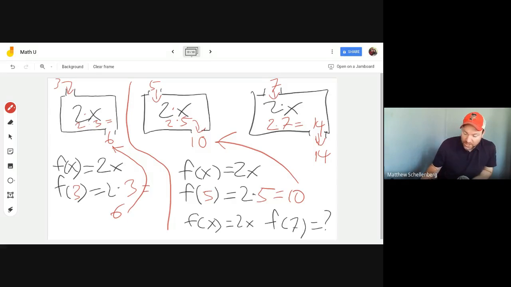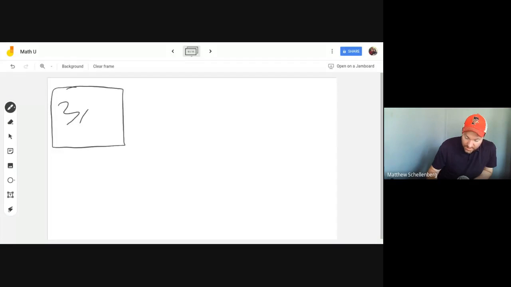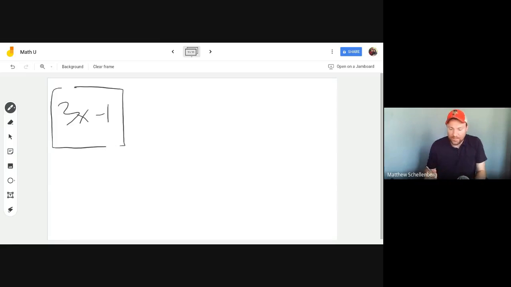Now, there are other machines that do different things. So, for example, you can have a 3x minus 1 machine. Just saying. What happens if you plug in values here? Let's plug in 7 to this one.